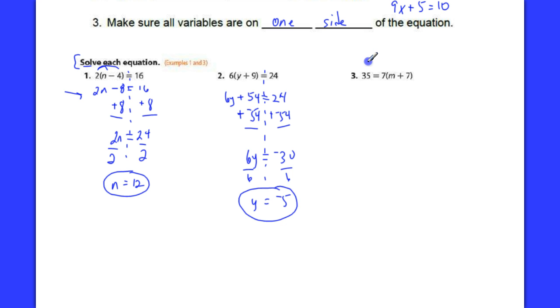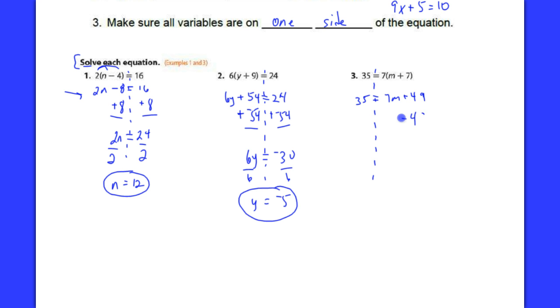Let's try another one. This would be a place where, if you want to try hitting pause and work through it yourself, do it and see if you get the same thing that I get. But I'm going to just keep talking. I am going to divide up the paper again. Distribute the 7: 7m, 7 times 7 is 49. Over on this side I have 35.